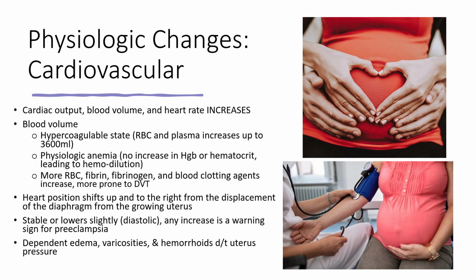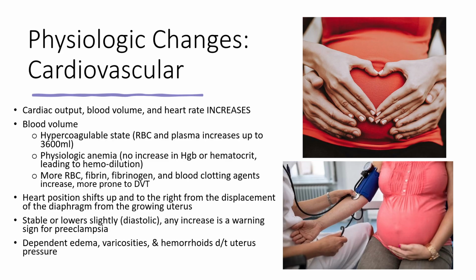Because of the blood volume, there's an increase in cardiac output, and it may also increase the patient's heart rate. We're in a hypercoagulable state. There's an increase in RBCs, an increase in plasma, and an increase in the different blood products, so that we're able to provide nutrients to the fetus growing in utero.